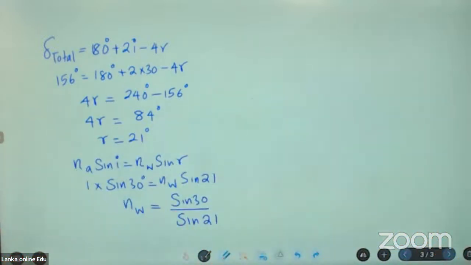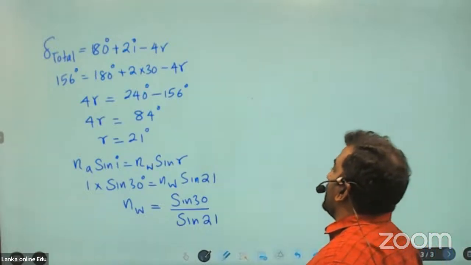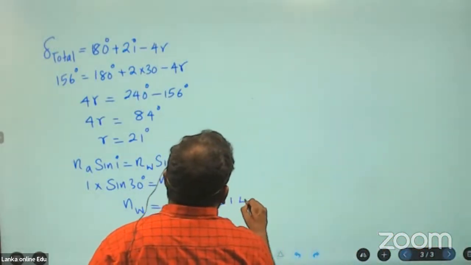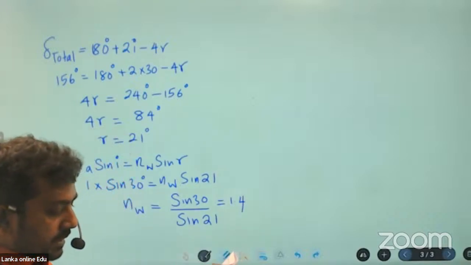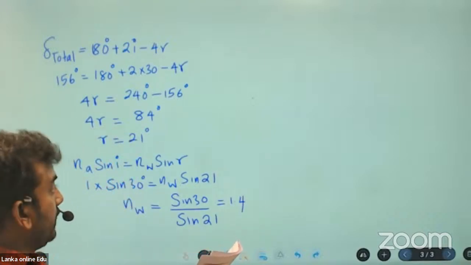If you simplify it, you can get something close to 1.4. It is 1.395. So refractive index is approximately 1.4.